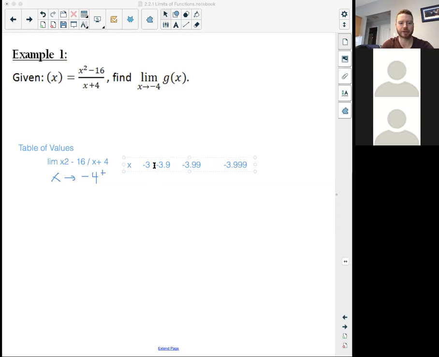As we get closer and closer to -4 is what we're going to be doing here. And then, like we just did before, we're going to find f of x at these points.